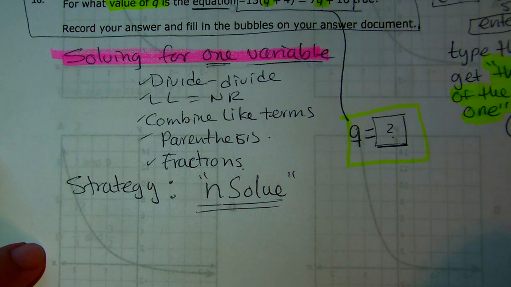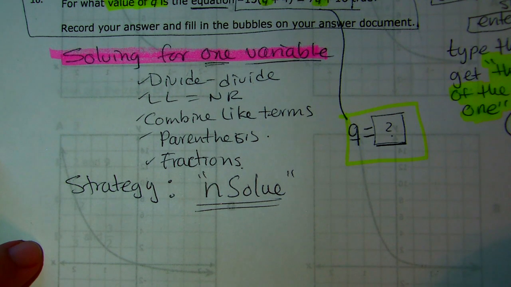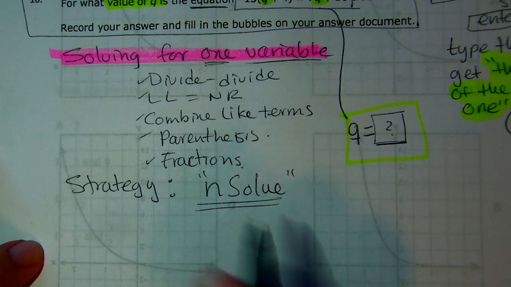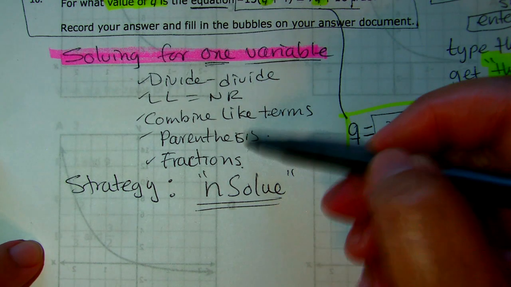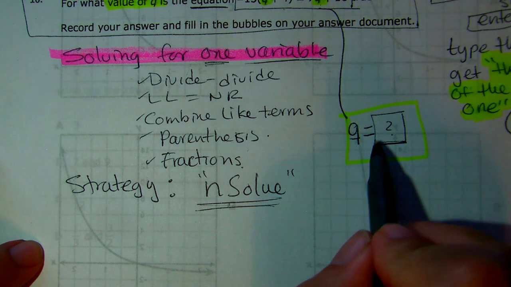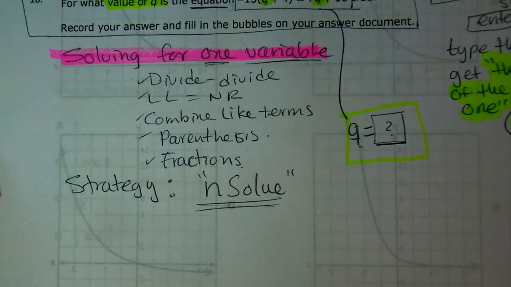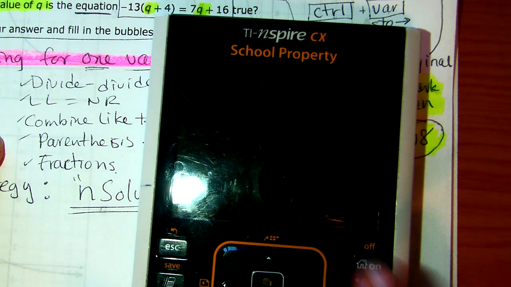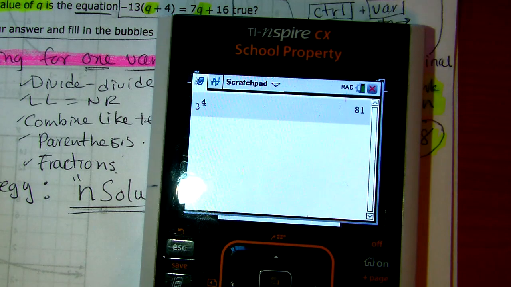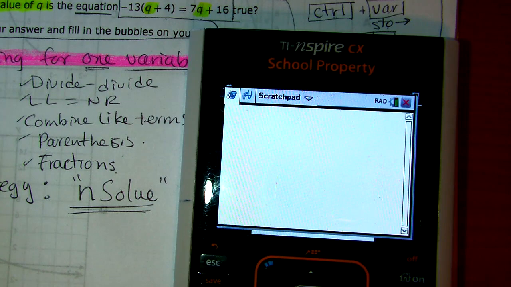Anthony, Giselle, you're probably going to remember this, the n-solve. So I'm going to show you the strategy with the calculator. So instead of doing all these steps to solve for Q, we're going to use the n-solve. So the calculator is going to get us the value for the Q, all right? So have your calculator ready. Let me delete this. It was the answer for the previous problem.